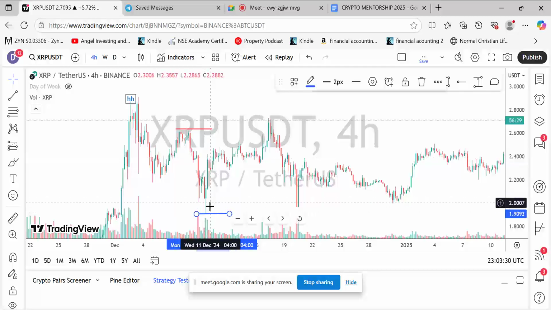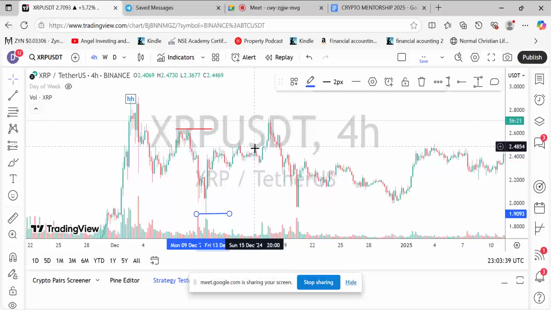So the buyers push the market up to here. We are not buying anything. We are not sure of what's going on. But when something happened here, the buyers were now able to push above the sellers at this point.